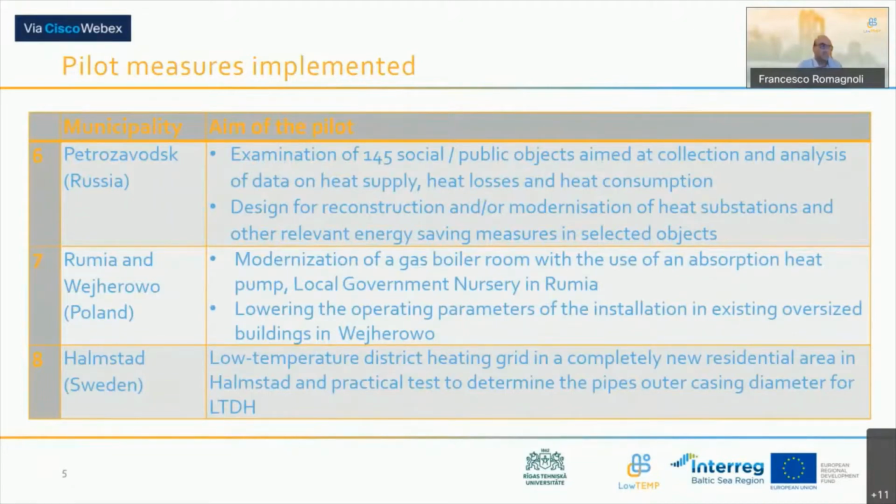And then we have a small introduction to the latest pilot, which we will present later, about how low-temperature district heating can be implemented in a new residential area. We will also see how a study was practically implemented to determine properly the pipes' outer casing accepting low-temperature district heating conditions.